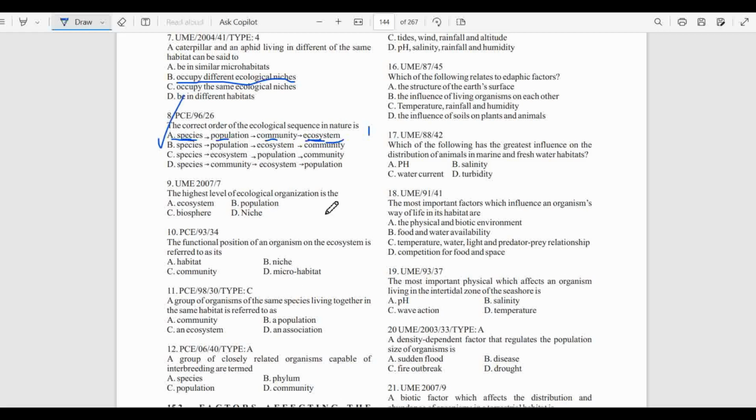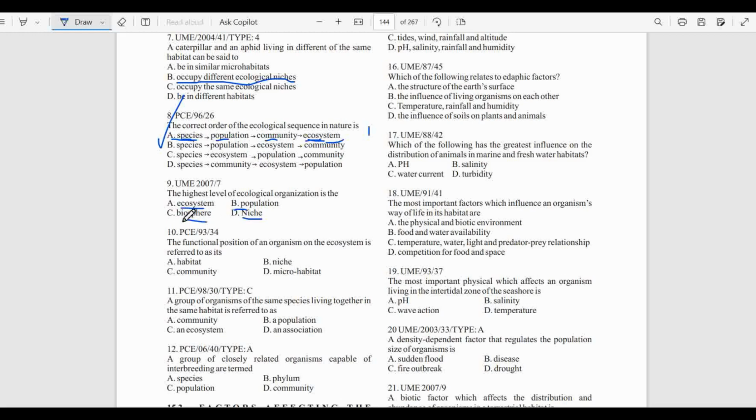The highest level of ecological organization. So in this given option, what do you think is the highest level? Population is within ecosystem, right? And a niche will be the smallest from this given option. But what about biosphere?